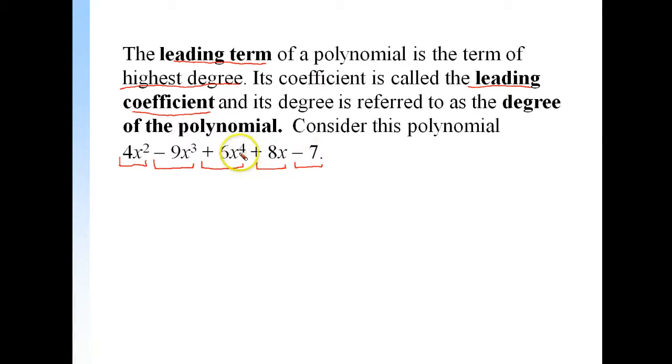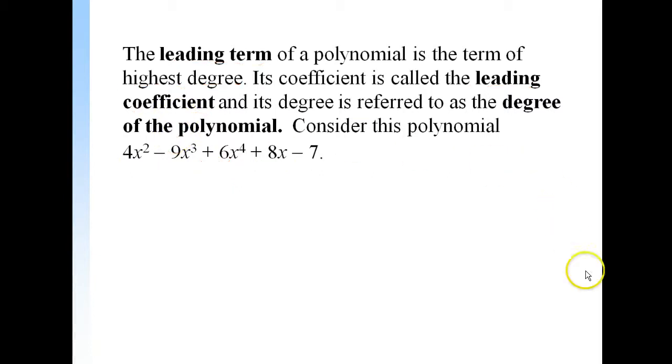So the highest degree is this one. And that would be the leading term. And the leading coefficient would be, in a sense, the 6. Now, since it's positive, we don't have to say it. But in a sense, it's positive 6.